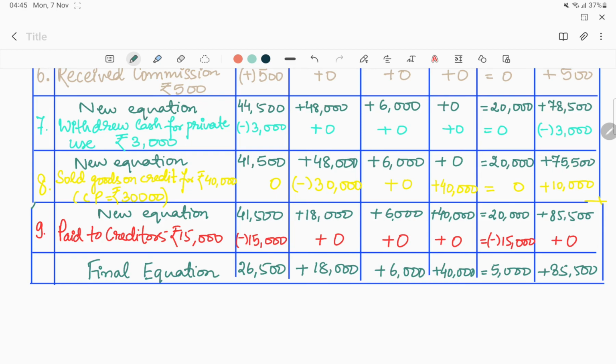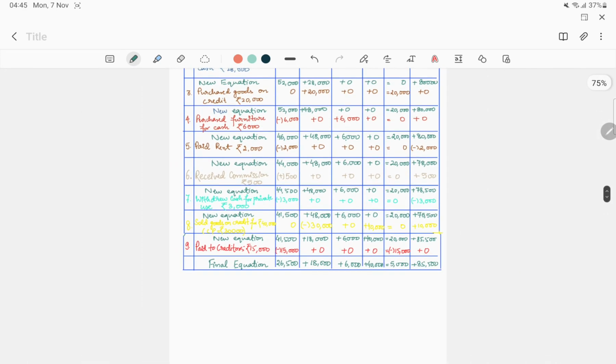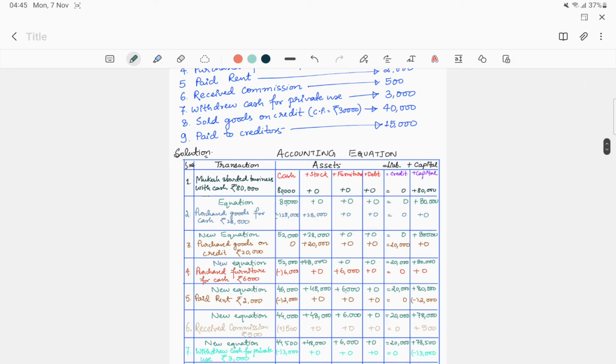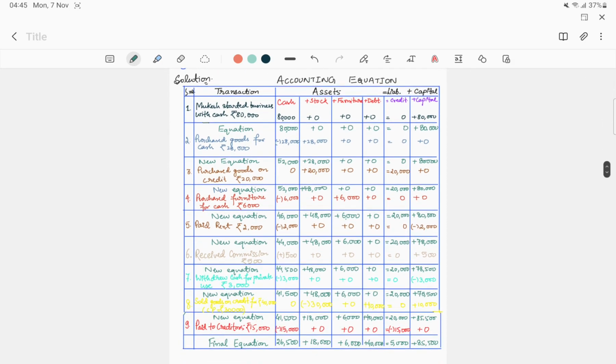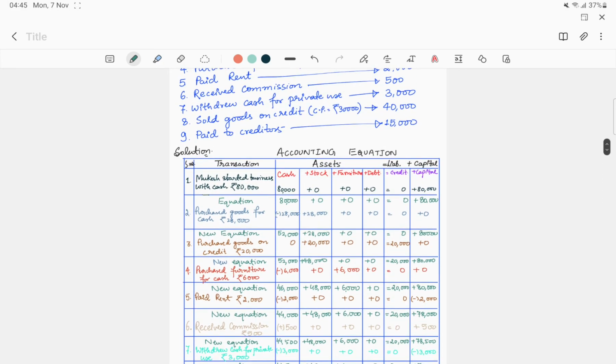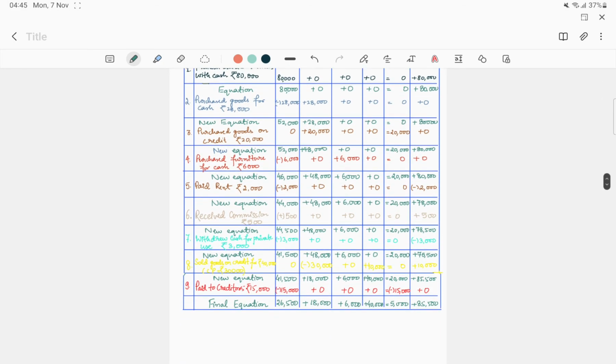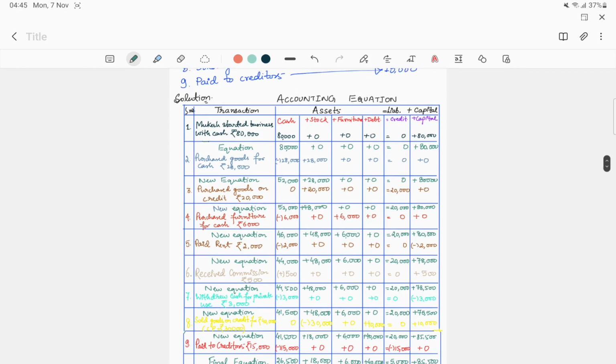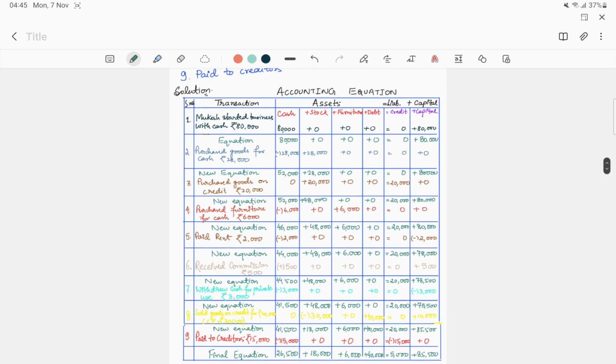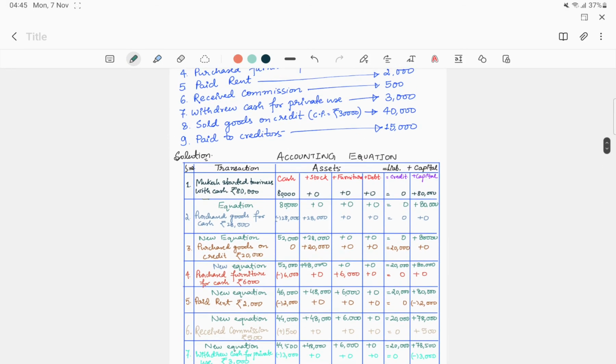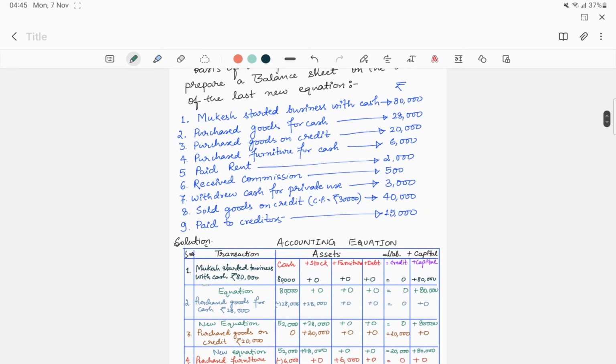So you can see we have prepared the accounting equation. It is a little bit lengthy. Preparing the accounting equation is going to take time in the exam, at least 10 to 15 minutes. So you have to keep in mind that you give such required time to this question while solving.